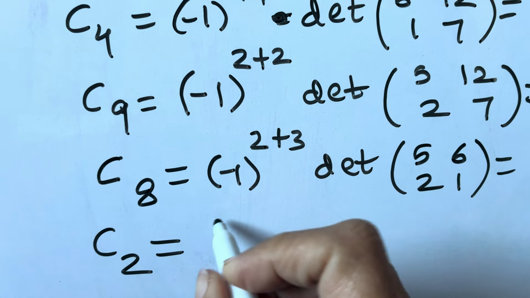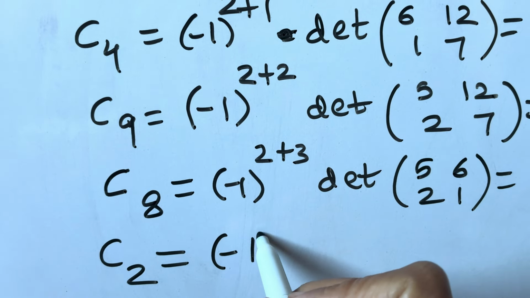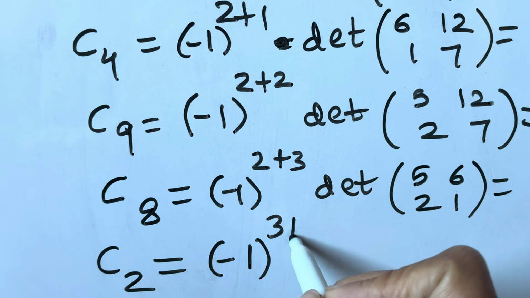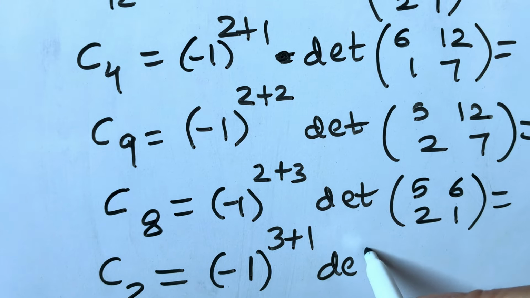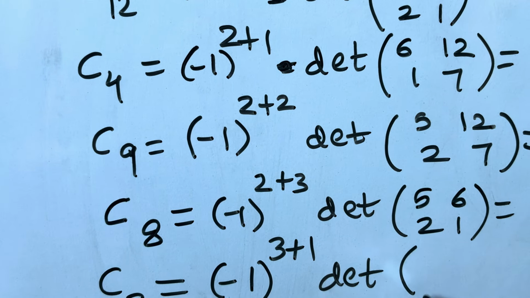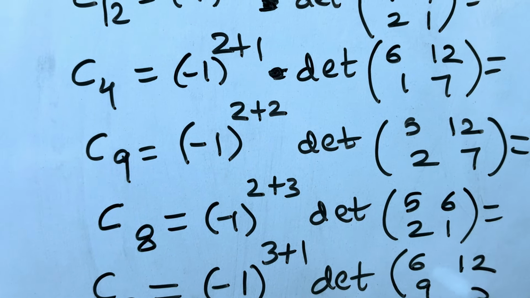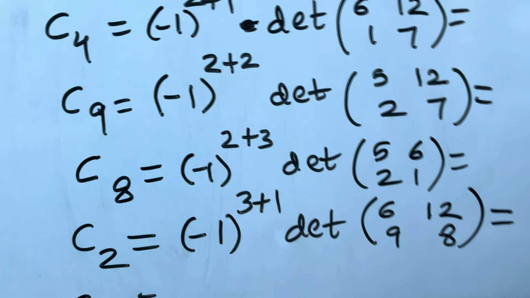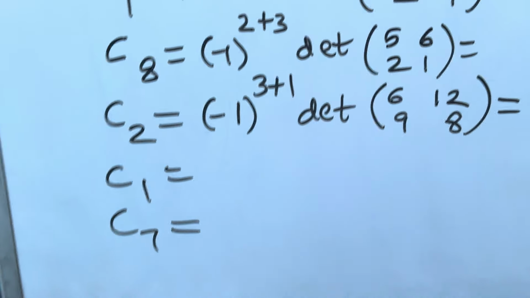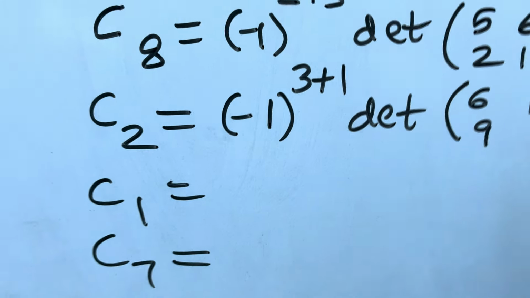And for the last one here, -1 to the power third row first column, it would be the determinant of removing that. I'm left over with 6, 12, 9 and 8. So likewise we need to do it for 2 more elements.